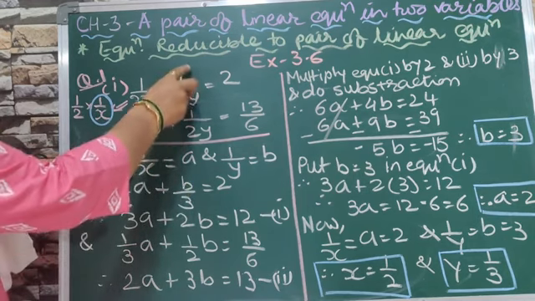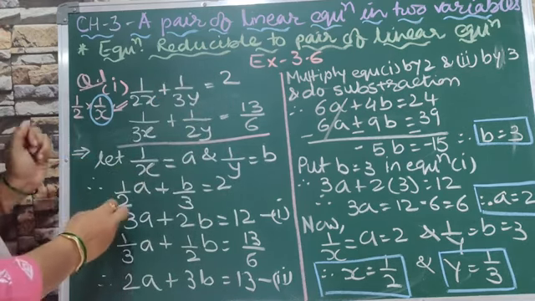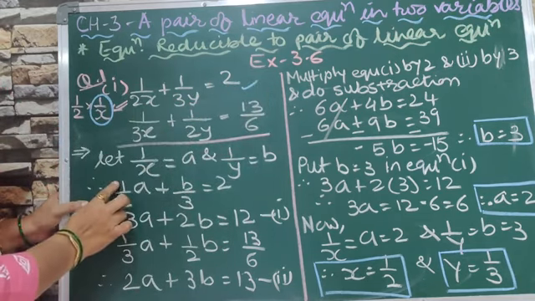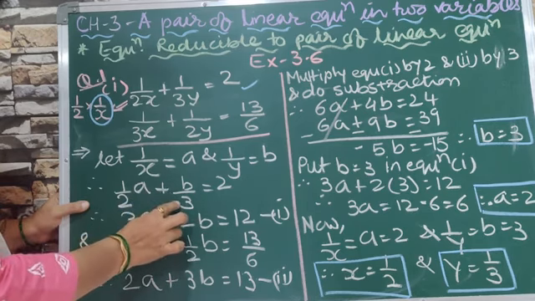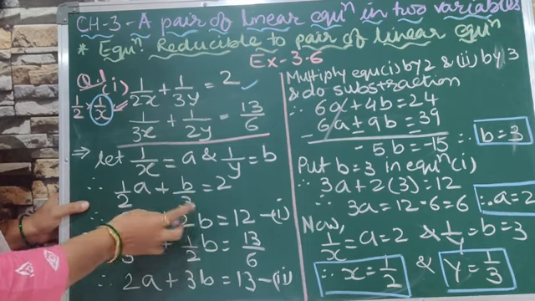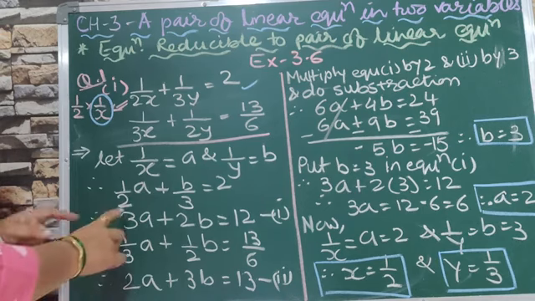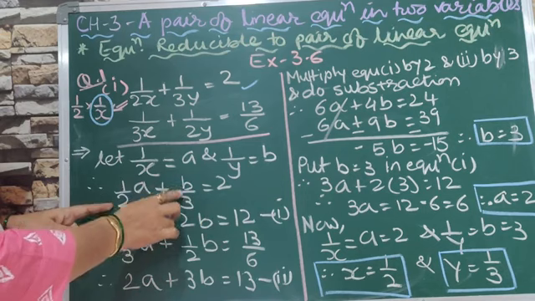Similarly, 1 upon y is equal to b, and therefore my first equation is 1 by 2 into a plus 1 by 3 into b, or b by 3 you can say, it is the same, is equal to 2. By seeing this equation, you can say that again it is 1 by 2 and 1 by 3.